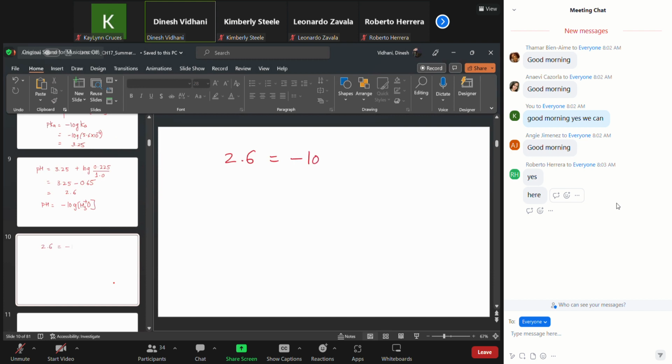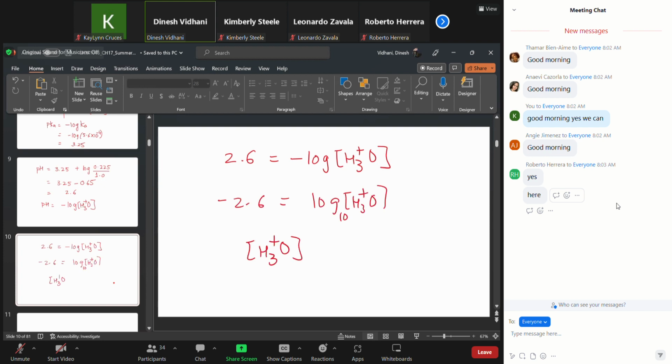That's going to equal negative log hydronium ion concentration. I take the negative sign on the other side, so that's going to be negative 2.6 equals log hydronium ion concentration. Now this is log to the base 10, so I can simply rewrite this equation as hydronium ion equals 10 to the power negative 2.6. That's what we have. So can you calculate the value for this one now?